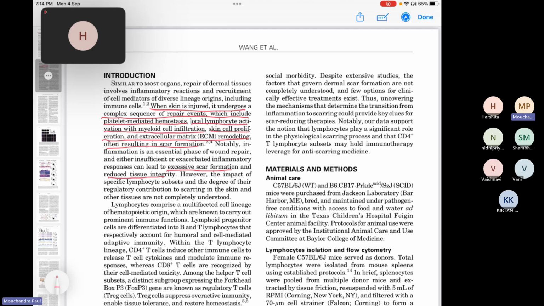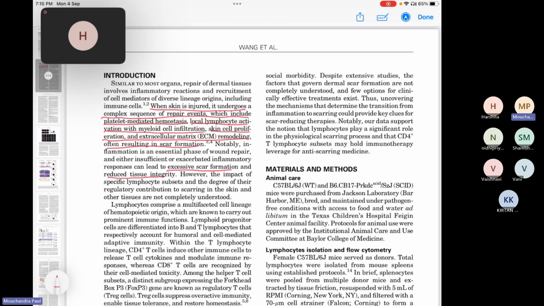So if there is a large amount of scarring, you can assume that particular section of the tissue is not able to contribute to the overall function of the organ. If the scarring area is very large for a very large wound, it can also compromise the tissue integrity.